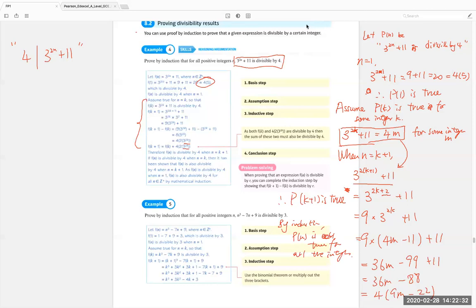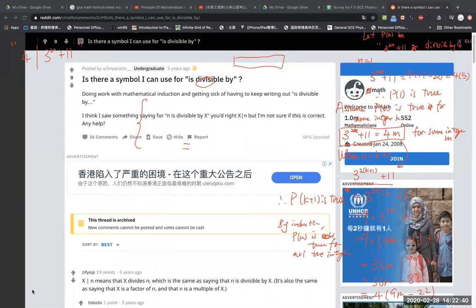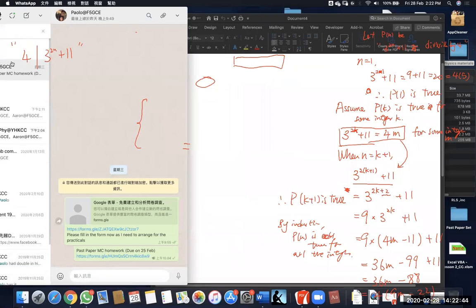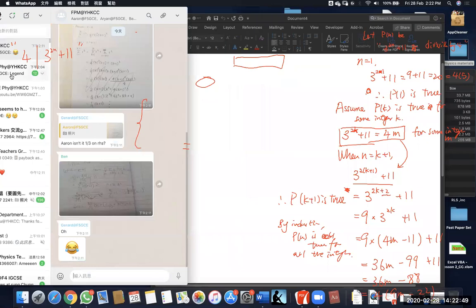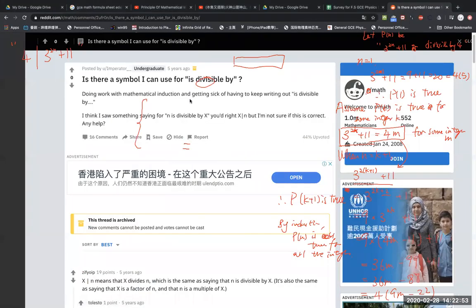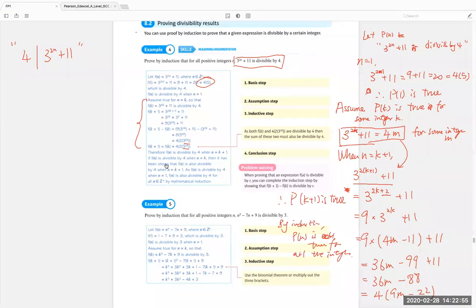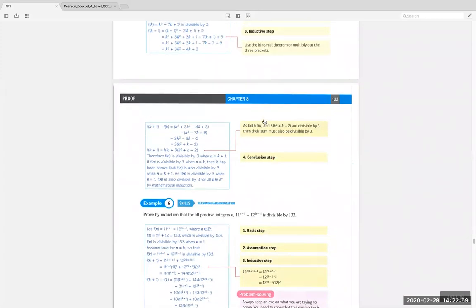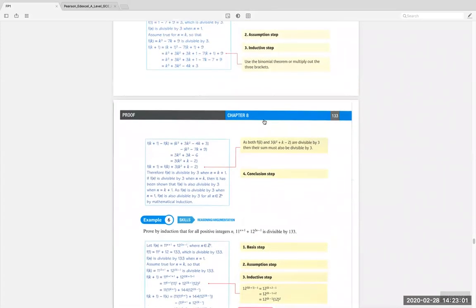So let me copy down this page. Okay, and then let me do one more example and then you do it by yourself.